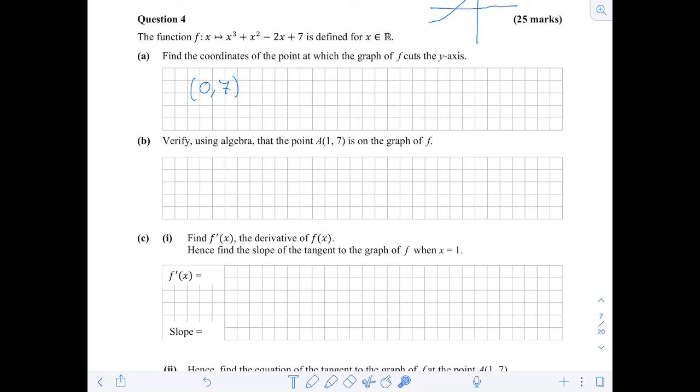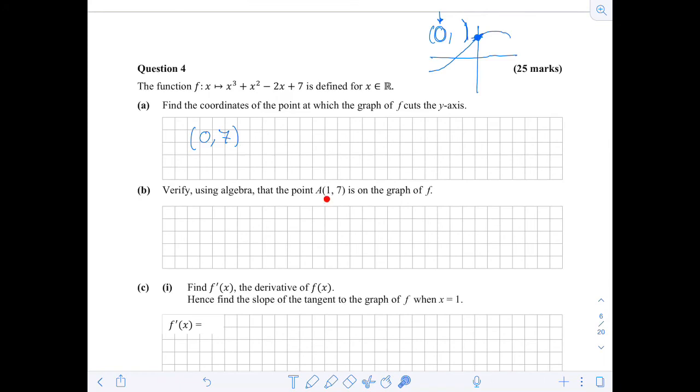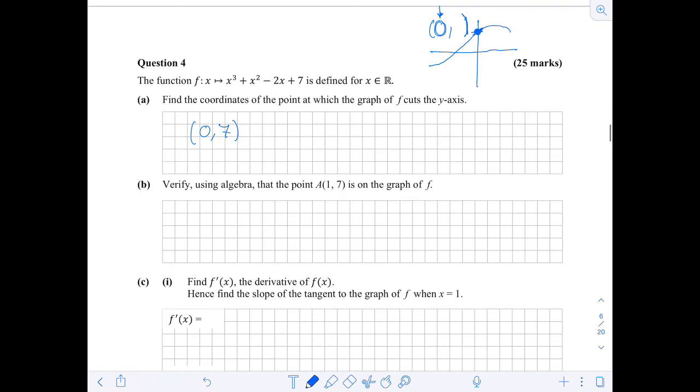Okay, on to part B. Verify using algebra that the point A(1, 7) is on the graph of f. So what this is asking us is, if I put a 1 in, do I get a 7 out? Let's try that now. We'll have something cubed plus something squared minus 2 times something plus 7, so that's going to be 1, 1, 1.